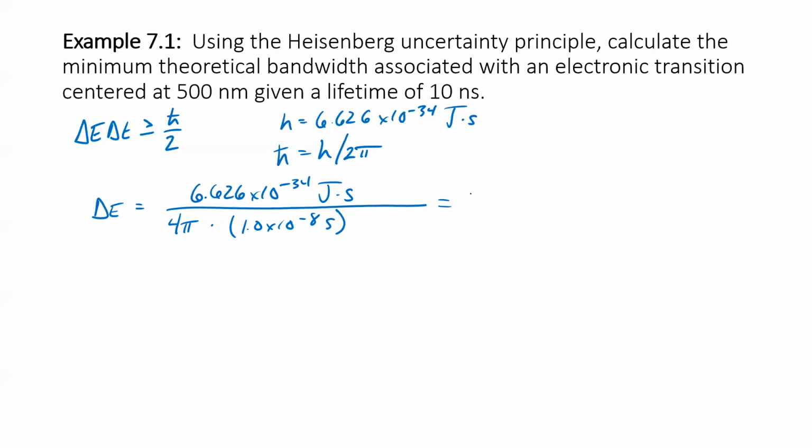So this is a very small energy difference. I got 5.27 times 10 to the negative 27 joules. With visible light, like this 500 nanometers is, usually energies are on the order of 10 to the negative 19 joules. Right? So if our window is 10 to the negative 27 joules, this is in the eighth decimal place of our number, and so this energy difference is not huge.